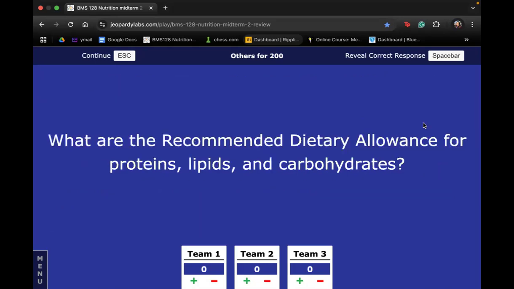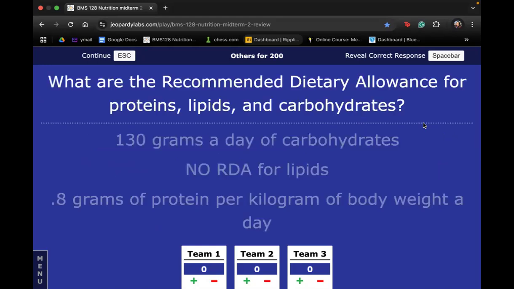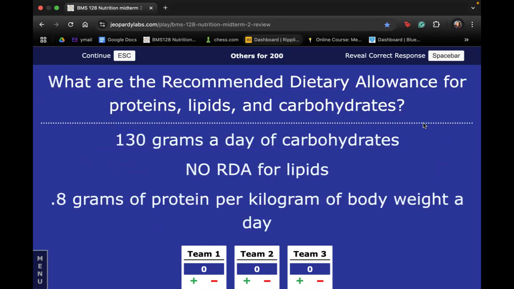What are the recommended dietary allowances for proteins, lipids, and carbohydrates? I think protein is less than 35% of your total calorie intake. 130 grams a day of carbohydrates, and 0.8 grams of protein per kilogram of body weight a day. So it varies per person.